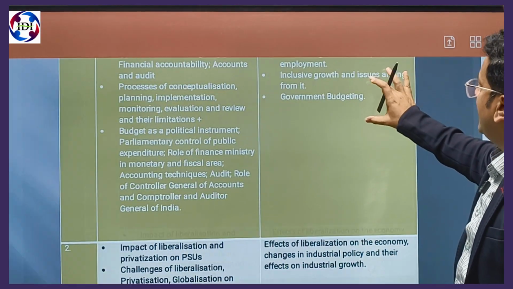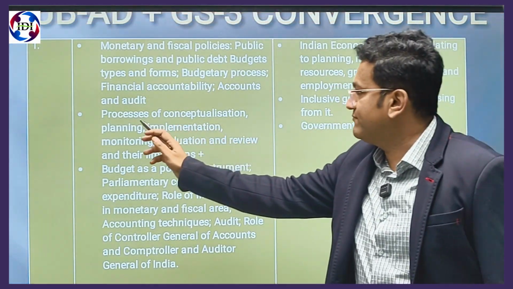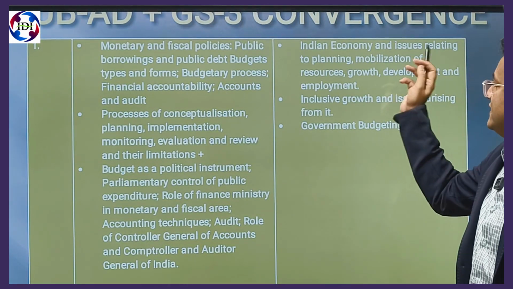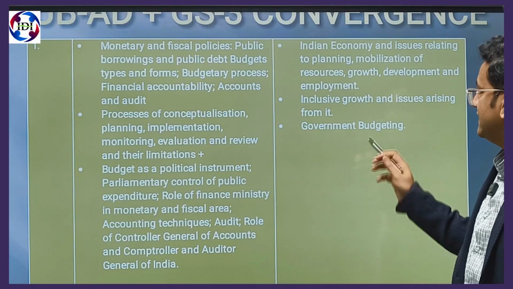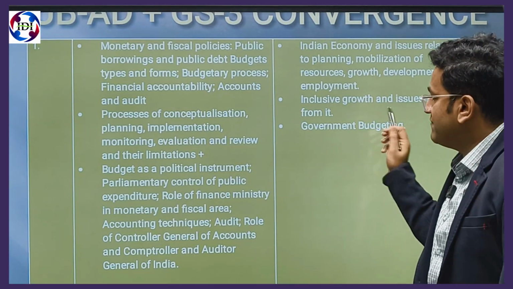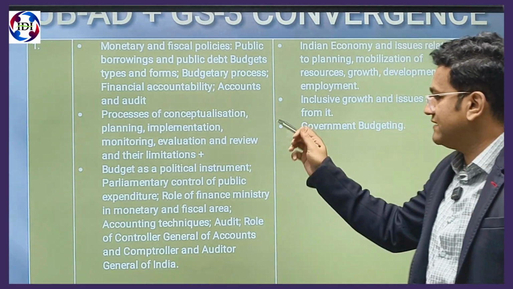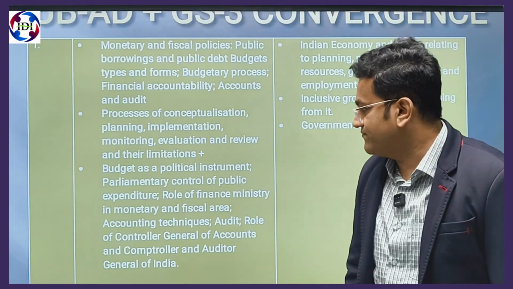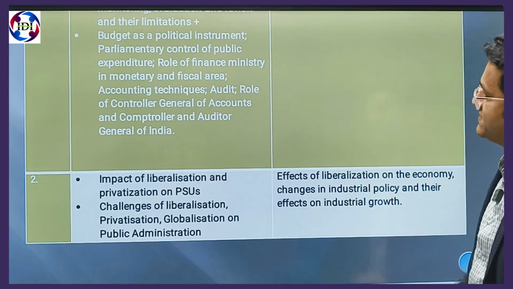Indian economy and issues relating to planning. So here it is planning, process of conceptualization, planning, implementation. Economy and issues relating to planning, mobilization of resources, growth, development, employment, inclusive growth and issues, government budgeting. See here, public debt, budget, types and form, budgetary process, everything about budgeting. Here also the role of the finance ministry, accounting techniques, CAG, etc. So it all is involved in budgeting.